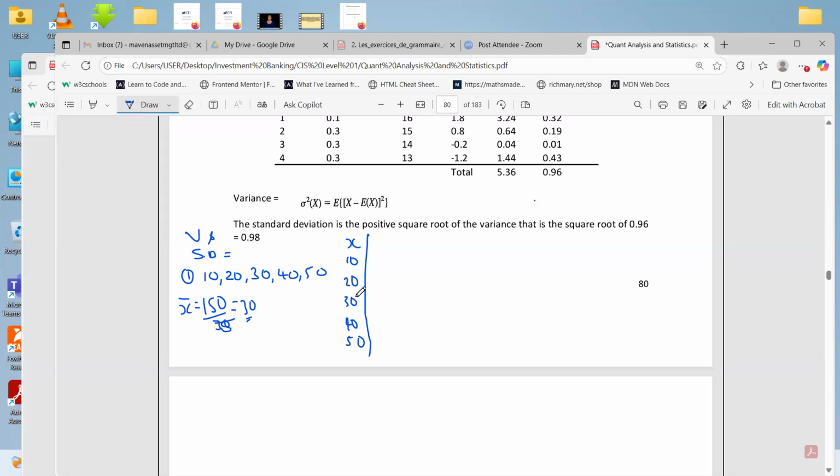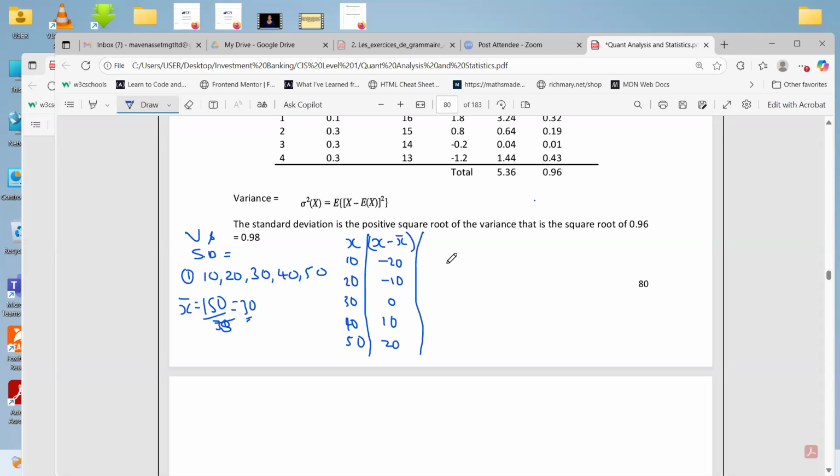Okay, so when this is sorted, what do we do? Then we'll now look for x minus x mean. X minus X bar. So this gives you what? Minus 20, minus 10, 0, 10, 20.